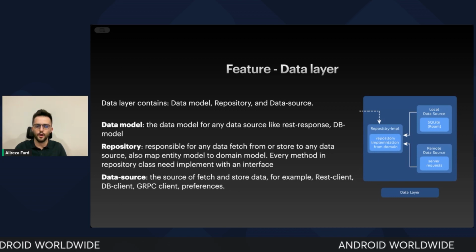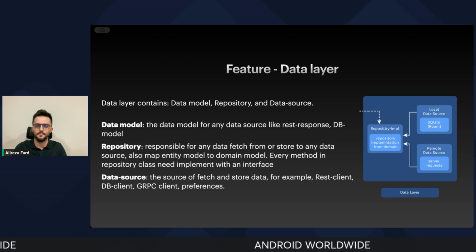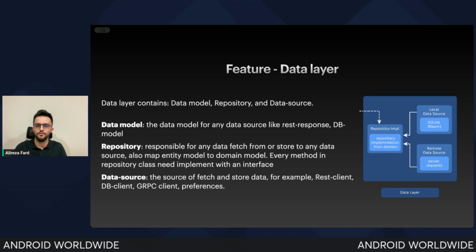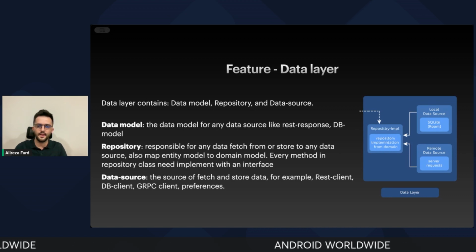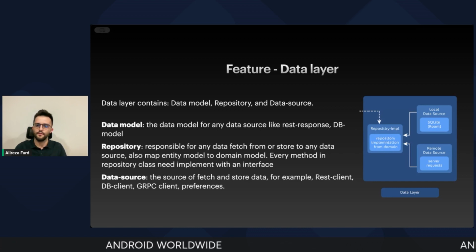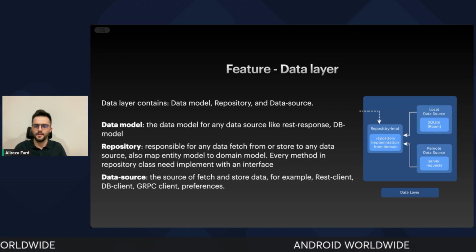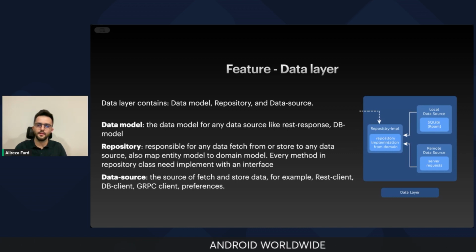And also we have data sources, which can be cache layer or REST API client or DB client or any client you want to get the data from, and a repository to manage all of them, providing an offline-first experience, mapping the data inside the repository and preparing the correct data for the next layer.